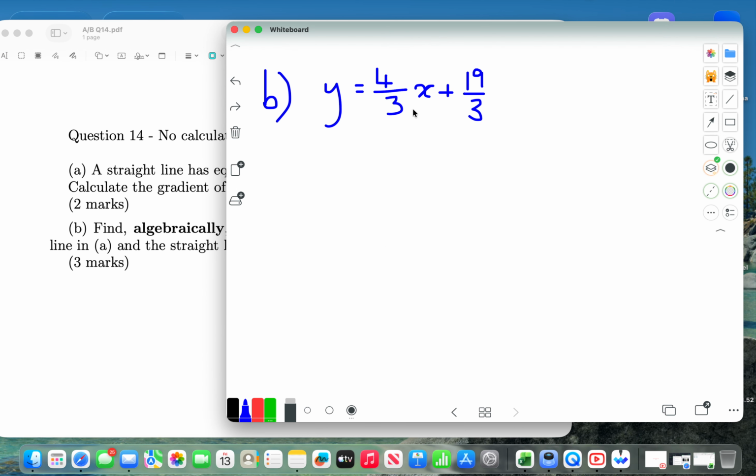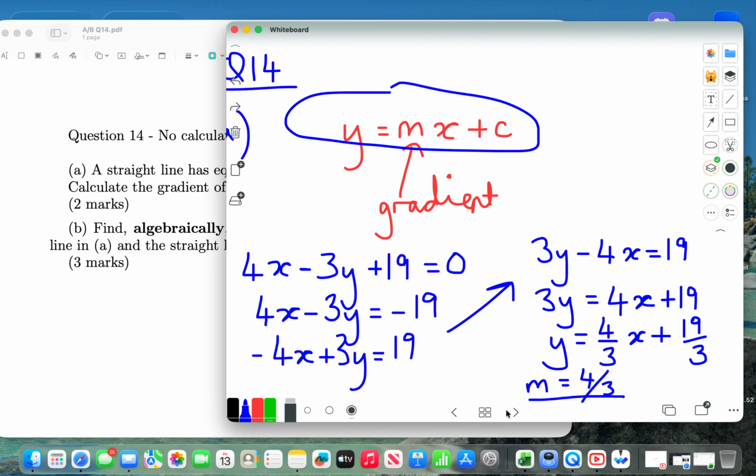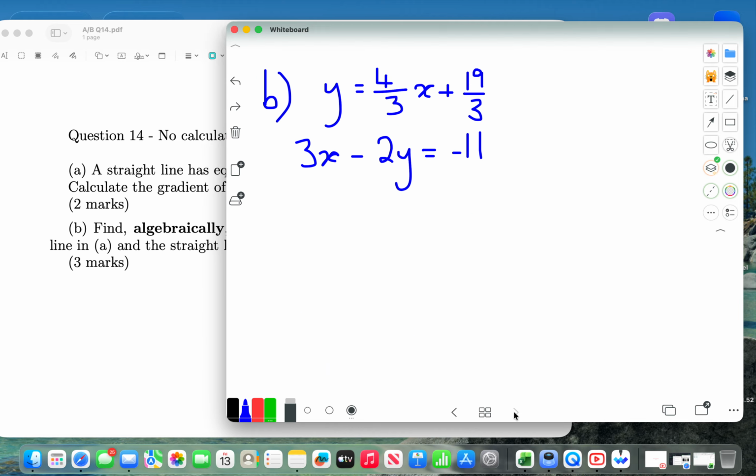And we also know that the equation is 3x minus 2y equals minus 11. What we can do is we can substitute for y, and into y we can substitute the expression in terms of x and solve an equation in x.